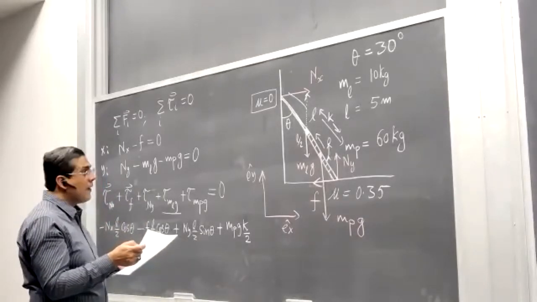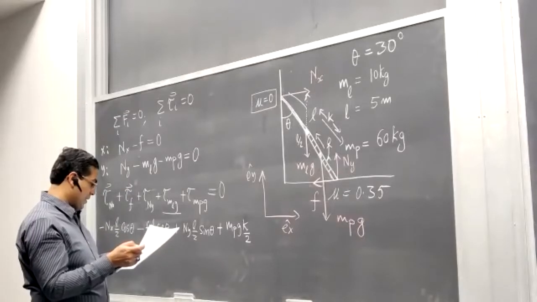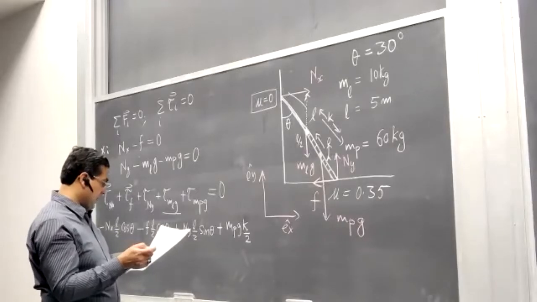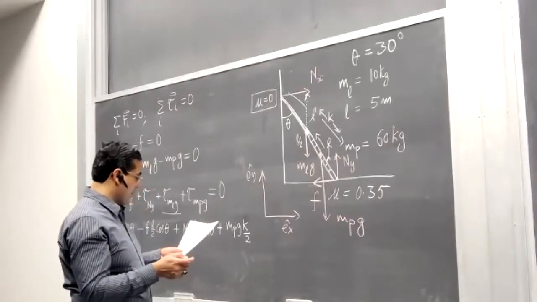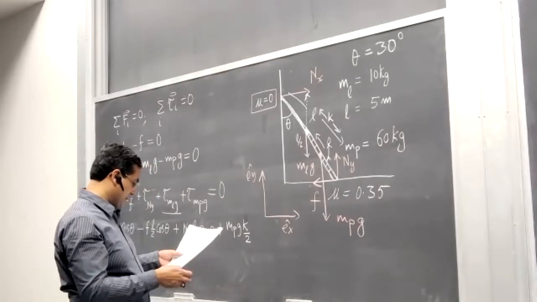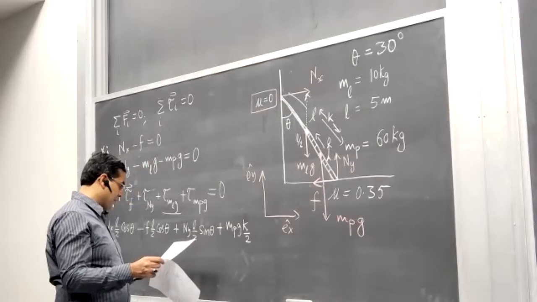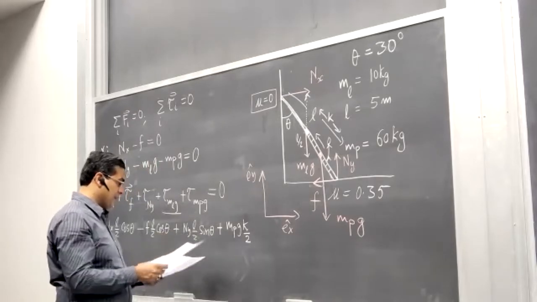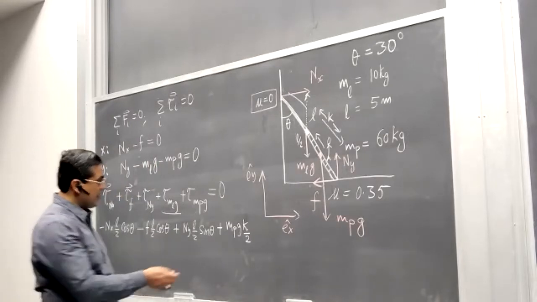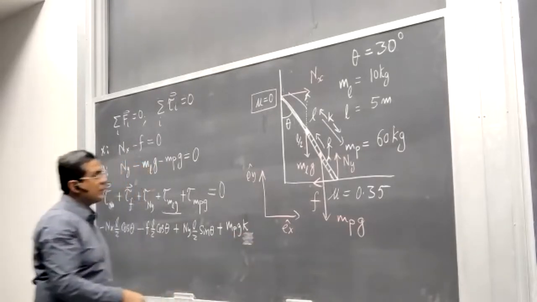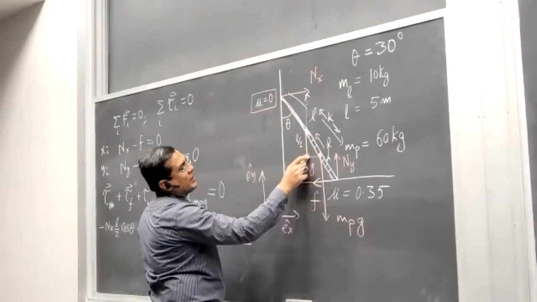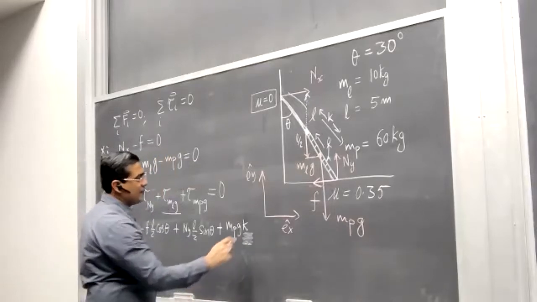Sir, sin 30 is half, so it becomes K/2. Yes, but it doesn't have to be k by 2. If you keep it k, then the vertical distance between the point of rotation and the force is k sine theta, right?